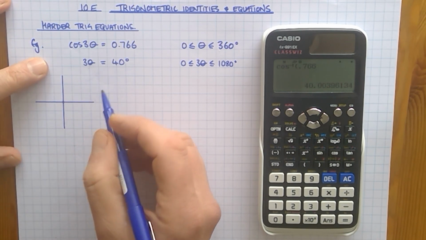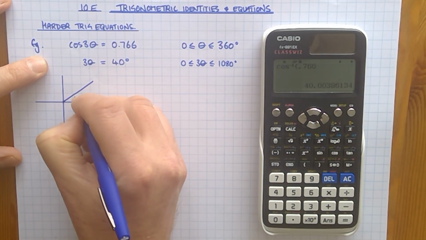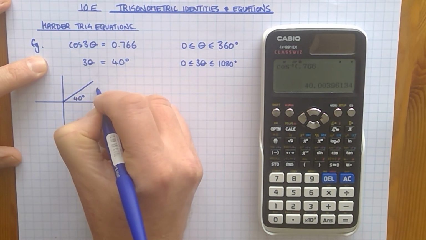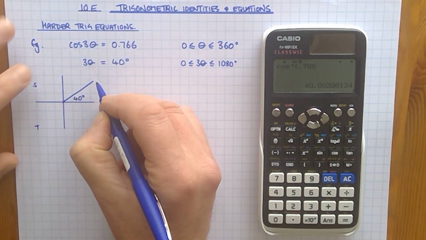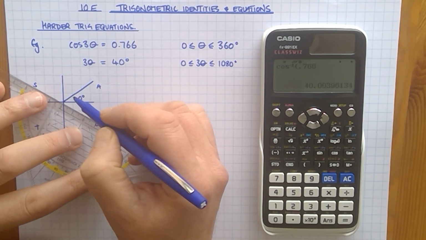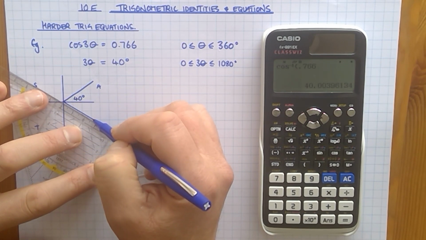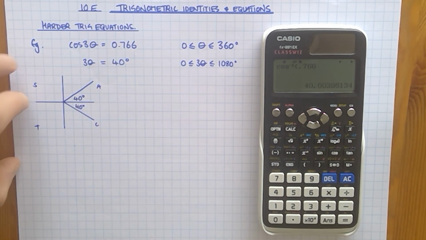So 3 theta is 40. 40 degrees is approximately there. C-A-S-T. It's positive there for all of them. We're dealing with cosine, so cosine is positive down here as well. Cosine reflects in the x-axis, remember, or theta axis.